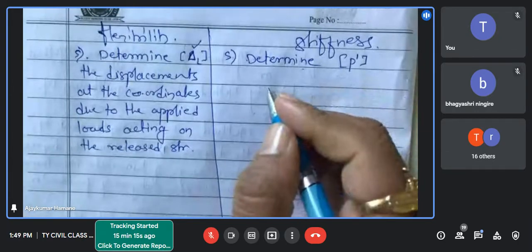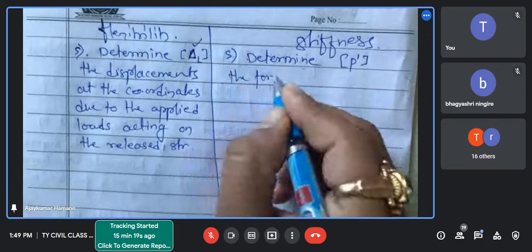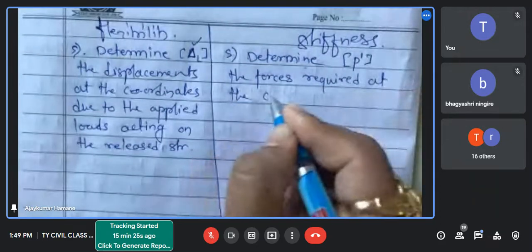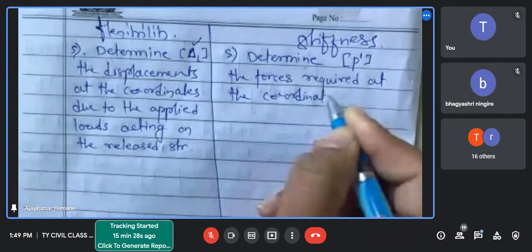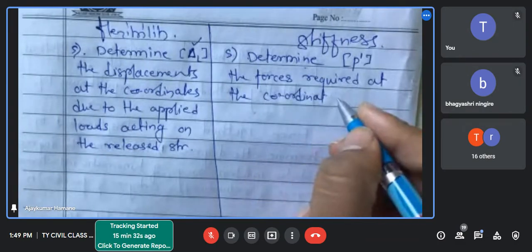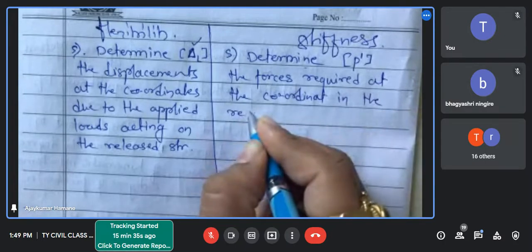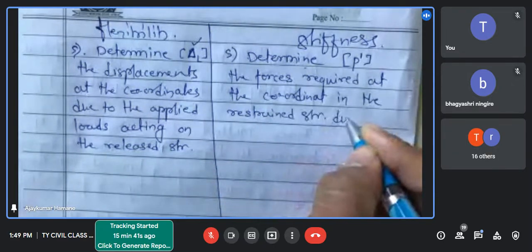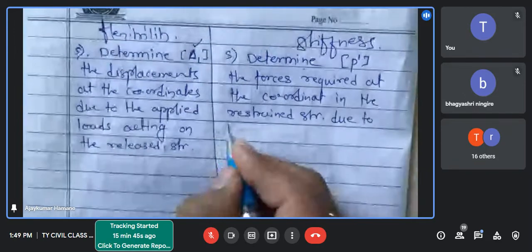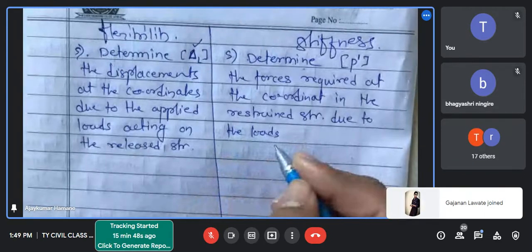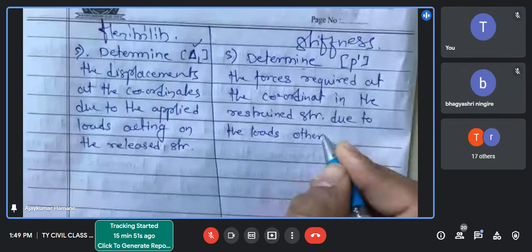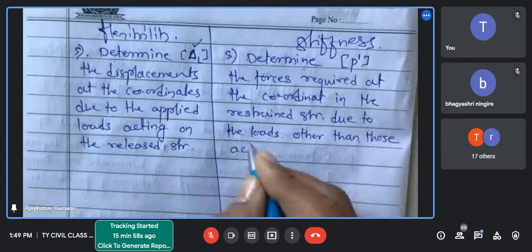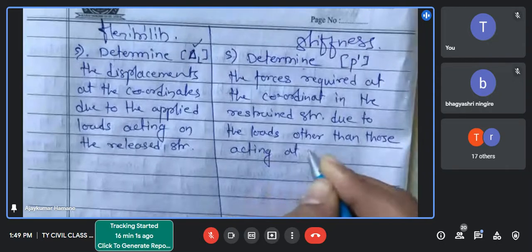The forces required at the coordinates in the restrained structure due to the loads other than those acting at the coordinates.